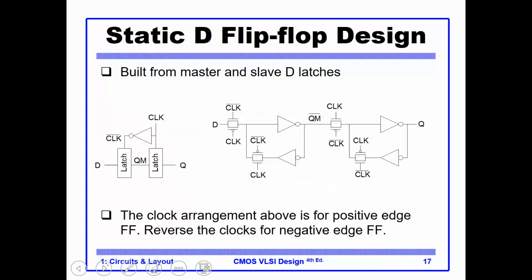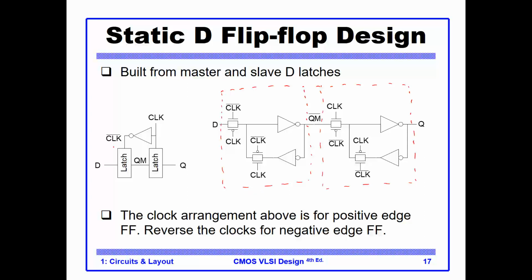And here's my circuit. You can see that here is the boundary of the first latch, and here is the boundary of the second latch. And you can see that a latch feeds another latch.